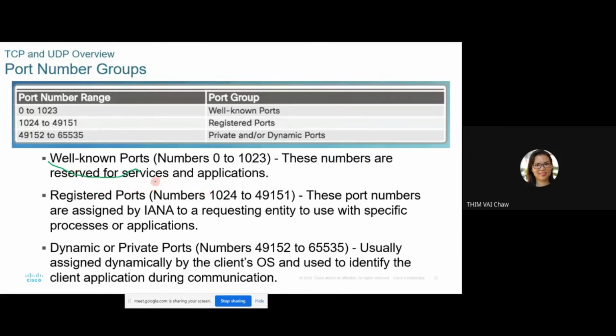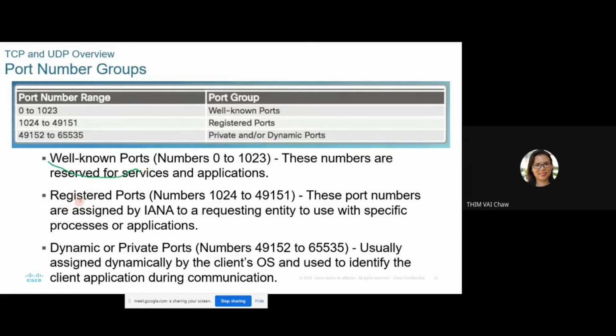So if you are running that service or that application, your server must be using that particular port number. You cannot run away from it, because it's a well-known port number. If you use another number, the end device will not be able to communicate with the server.